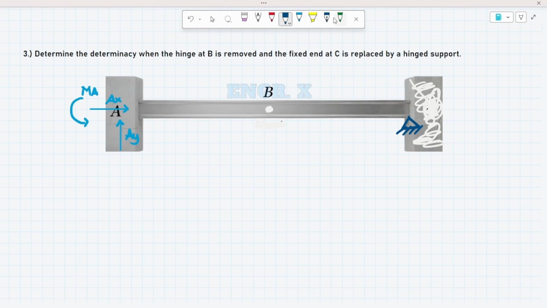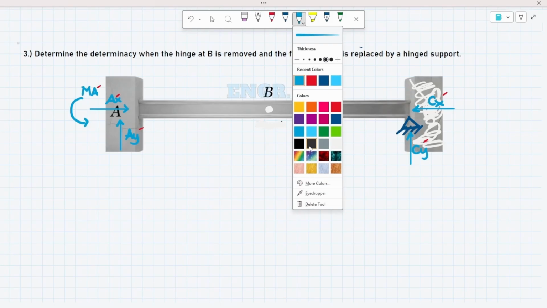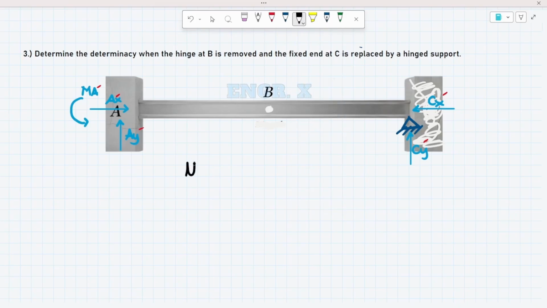On the other side, for the hinge support, you have CY and CX. Only two reactions. Wala nang moment. So how many unknowns do we have? 1, 2, 3, 4, 5. So we have 5 unknowns. U is equal to 5.